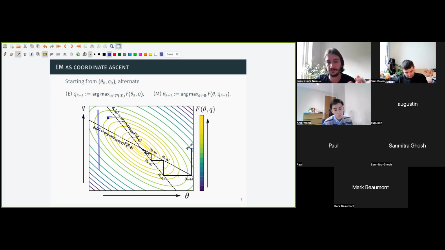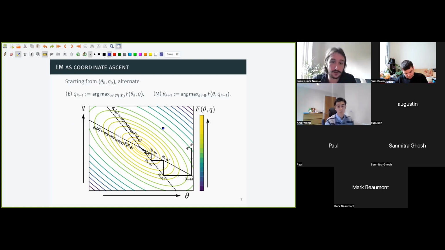This is for each fixed Q value, what's the theta that maximizes F. So with EM, you start somewhere and you maximize over Q. So you move vertically until you hit the corresponding line. And then you freeze Q, you maximize over theta, and you move horizontally until you hit the other line. And you keep bouncing up and down, moving towards the maximum.